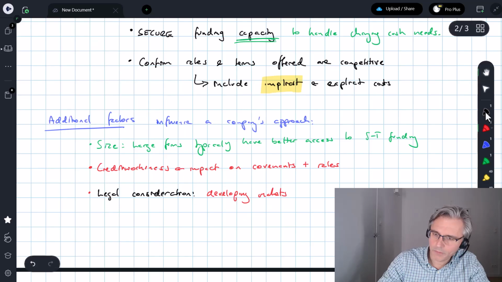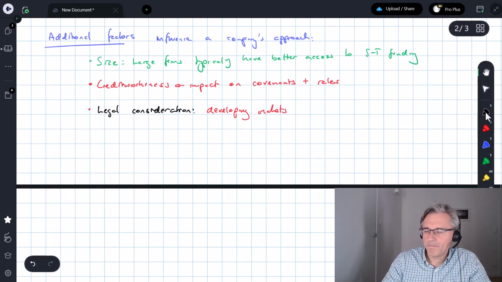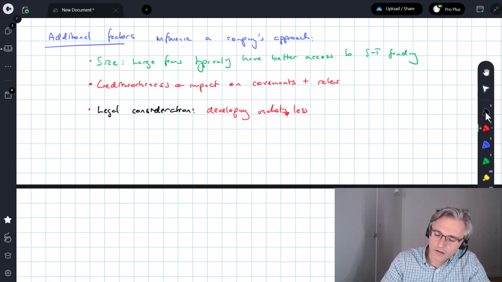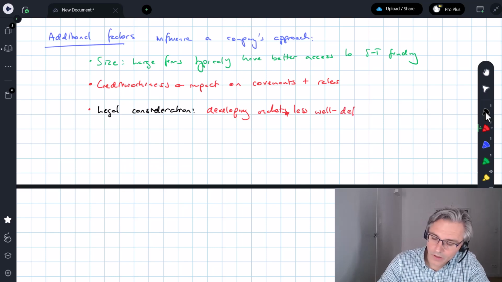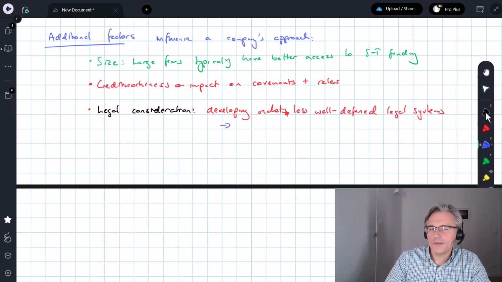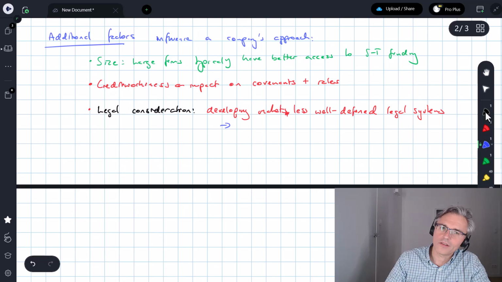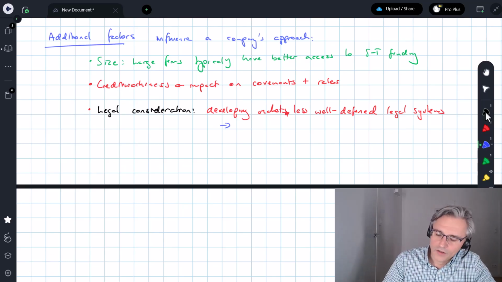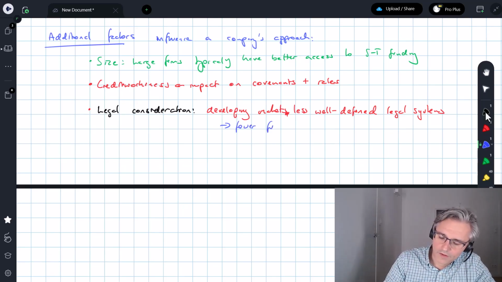So in less developed parts of the world, we may have less well-defined legal systems. And that means the options available to get funding are just going to be limited and fewer.